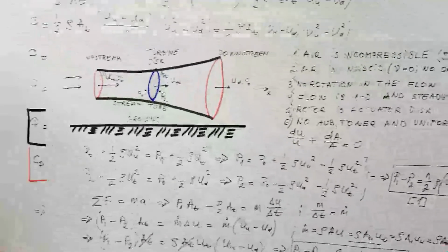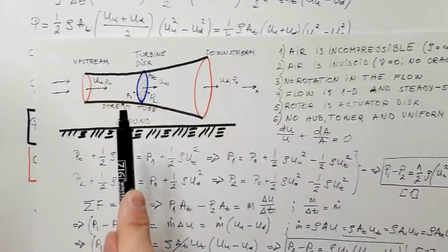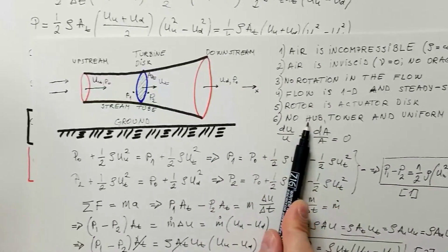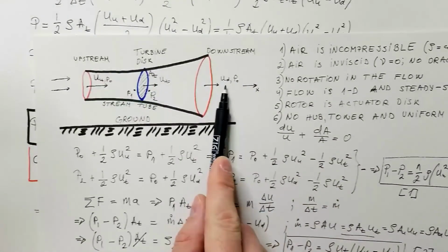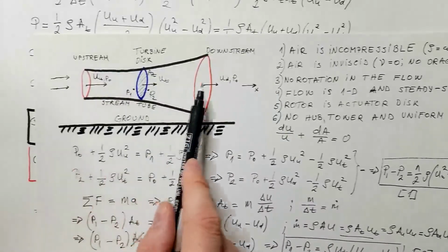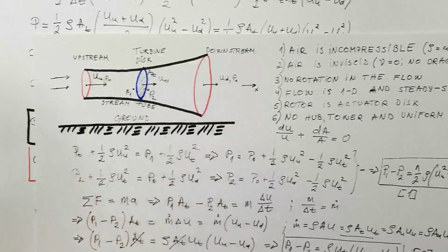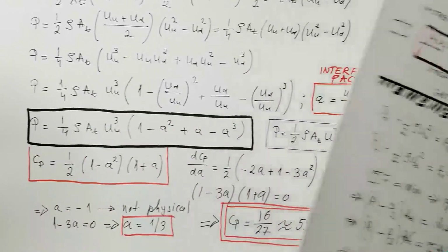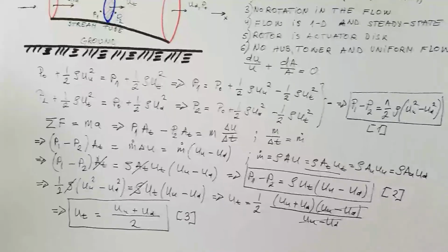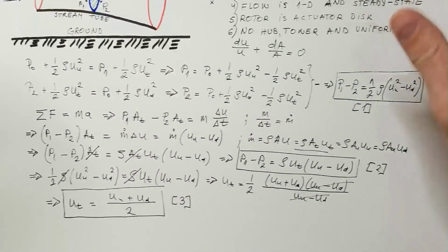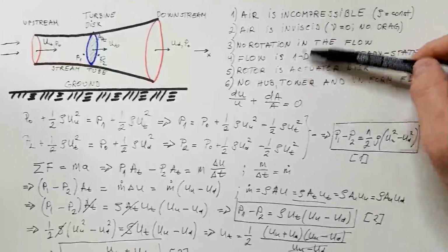To recap what I just said, the most efficient turbine with these assumptions is such that the downstream wind speed is 1/3 of the upstream wind speed, and this attenuation of wind speed results in the efficiency that is 59.26%. Of course, that comes with these assumptions that I laid out here.